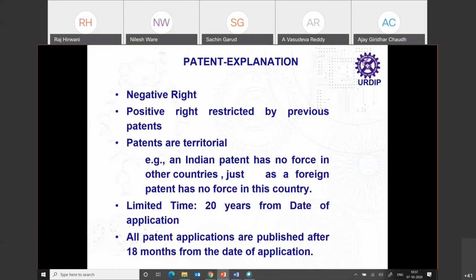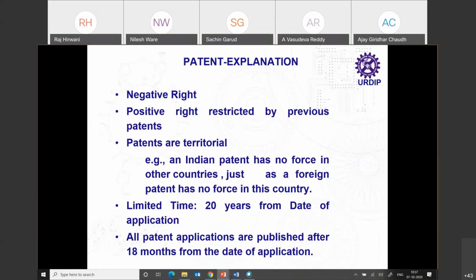This is called freedom to operate. This is most important. Patents are licensed, are practiced. Even your own patent, if you are practicing, you need to undertake this exercise.